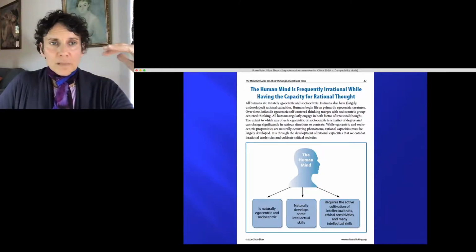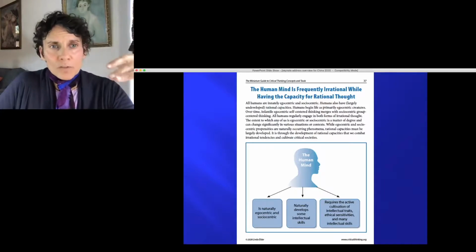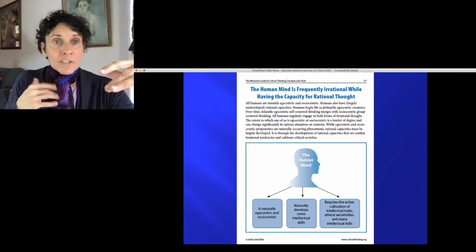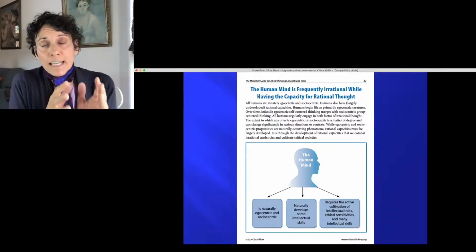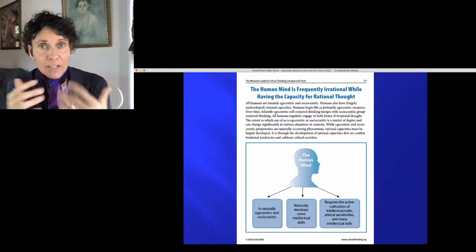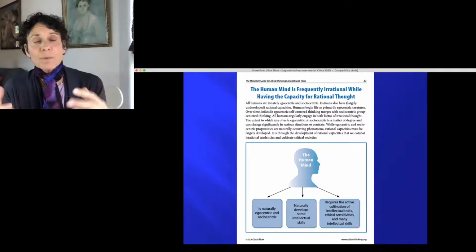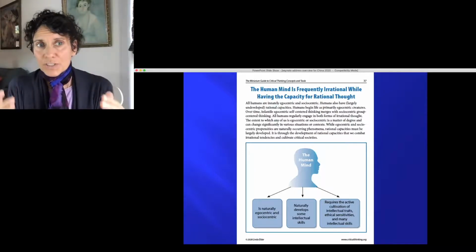So if I'm being completely closed-minded, I'm telling myself all the reasons why I am correct and this other person is wrong. And I may be in that process including information that actually is correct. I'm convincing myself with this correct information. But what if I'm leaving out information that is also relevant?